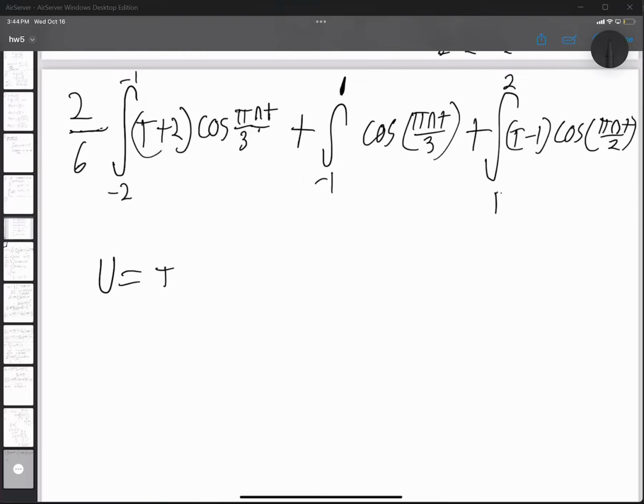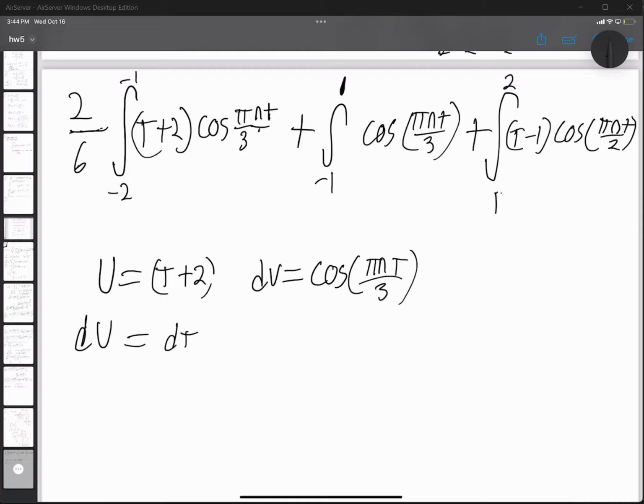Okay. Alright, now we're going to let u equal t plus 2, dv equal to cosine of pi nt over 3. du is going to equal dt, and v will be 3 over pi n times sine of pi nt over 3, because to get the cosine, it'll just be sine.